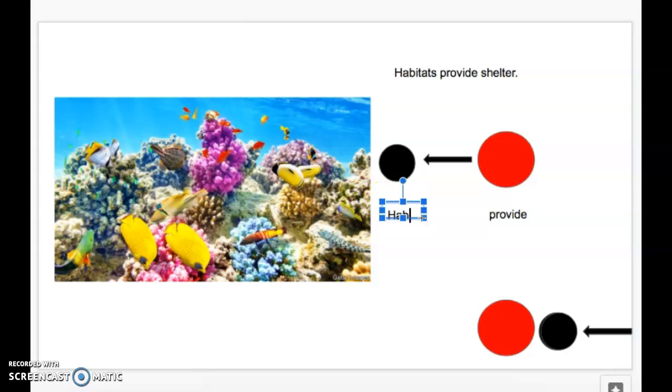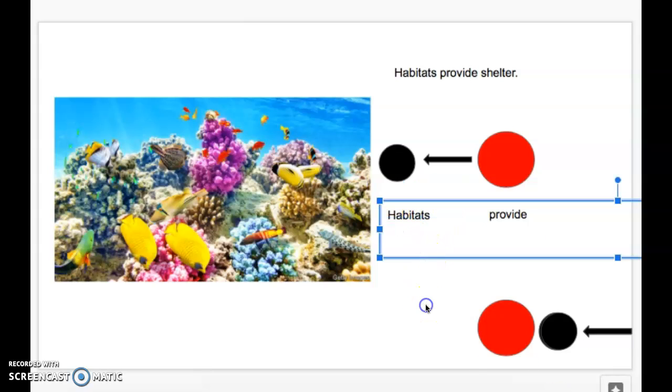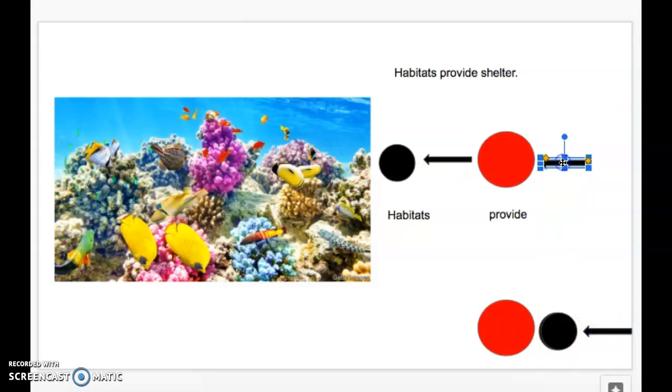Making sure starting with a capital. And so habitats provide what for my third thing? What is it that receives my action? Shelter. Shelter receives the action, and habitats provide shelter.